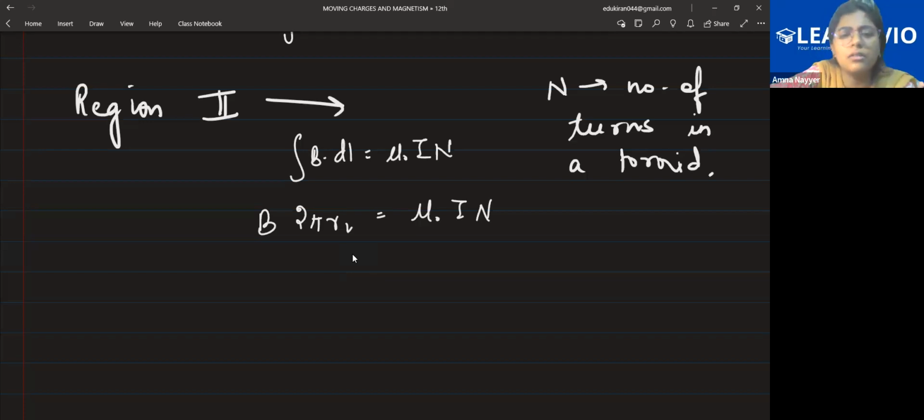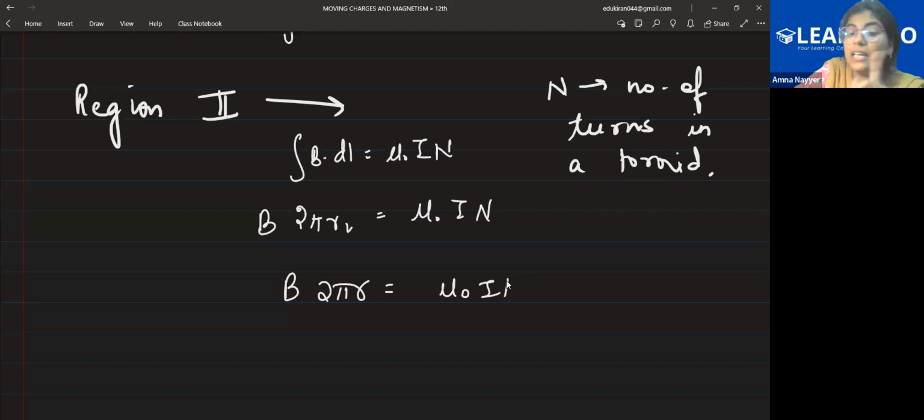Obviously, it is understood that r, or any radius, is the central radius for the second region. So B times 2 pi r equals mu naught I n, for the number of turns. So the formula will be B is equal to mu naught n I divided by 2 pi r.